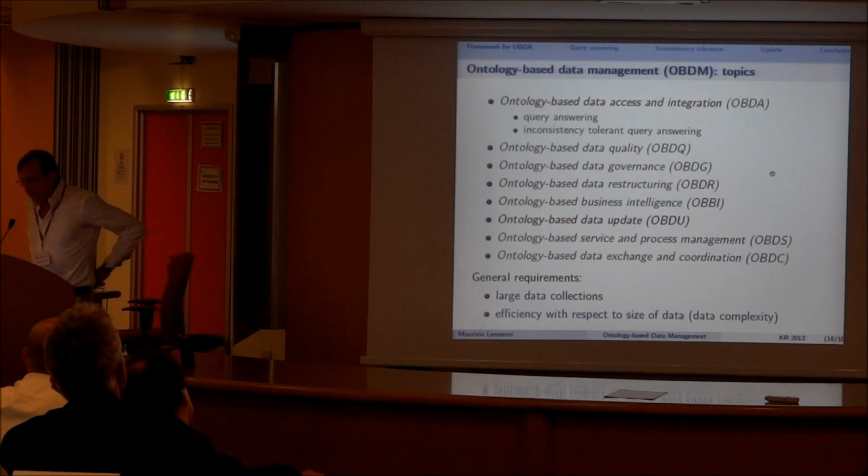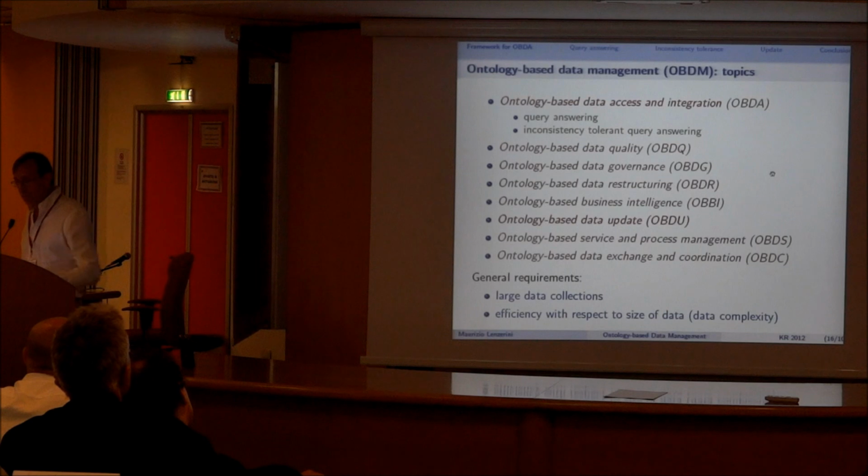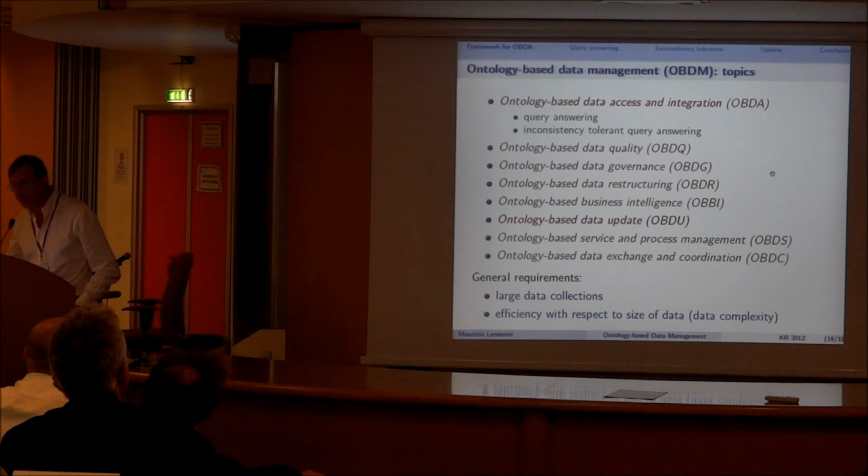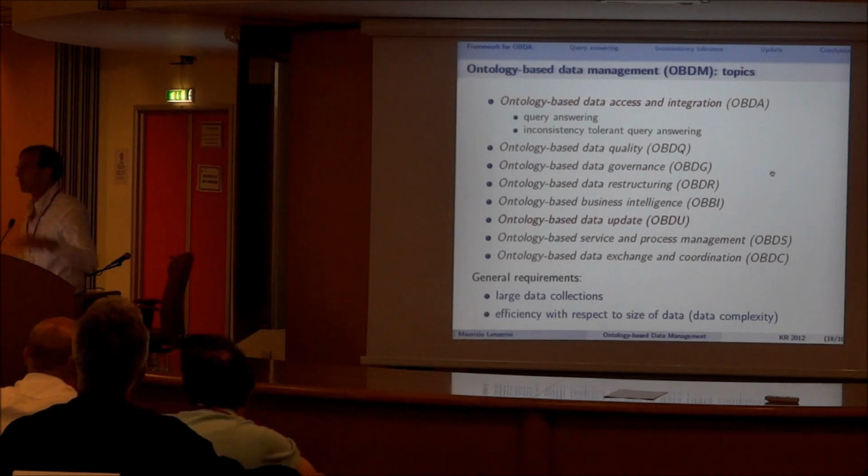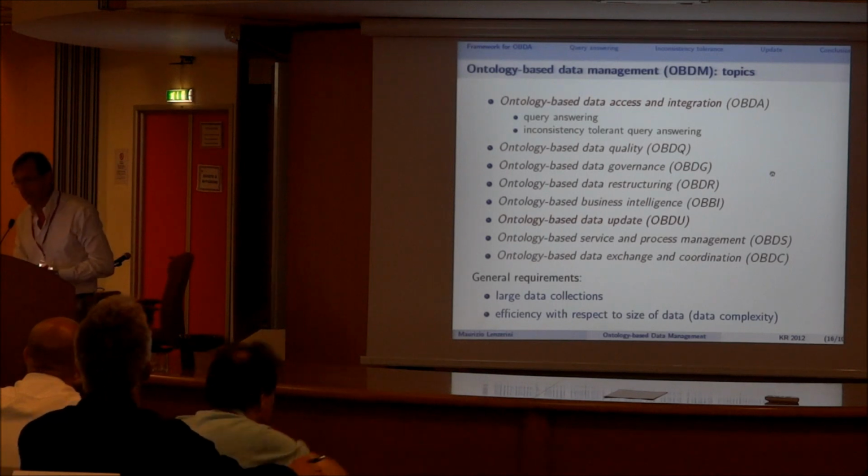Now the problem is, having these formal objects, what can we do with them? First of all, we can try to realize the idea of ontology-based data access and integration, which means trying to express queries over the ontologies and then having the system compute the answer.